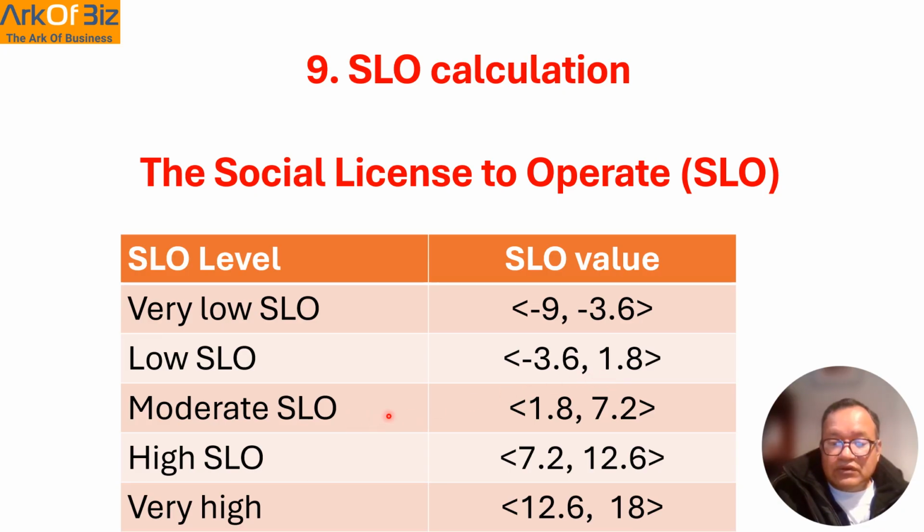Moderate SLO is from 1.8 to approximately 7.2. High level is 7.2, approximately, to 12.6, and a very high social license to operate level from 12.6 to 18. But to have a better understanding, let's go to the next slide.